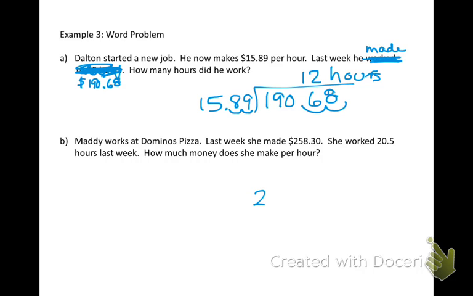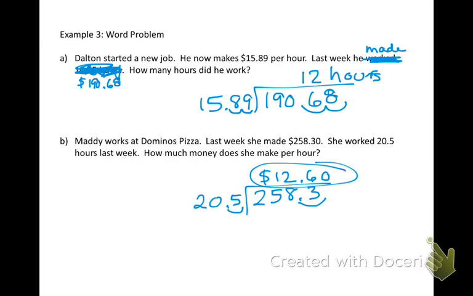Again, you're going to go 258.3 divided by 20.5. And then you're going to divide. And you're showing your work. I don't have to. It's $12.60 per hour. All right, goodbye.